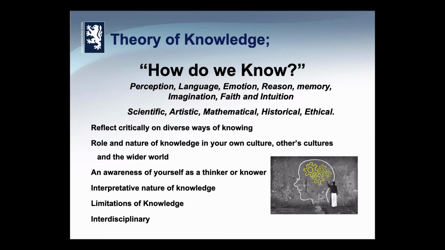And students will be required to reflect critically on these diverse ways of knowing and compare them, and look at the distinctions but also the connections in trying to solve problems in the real world.